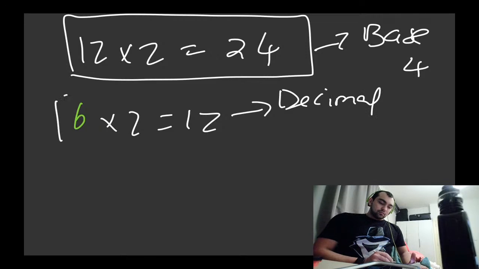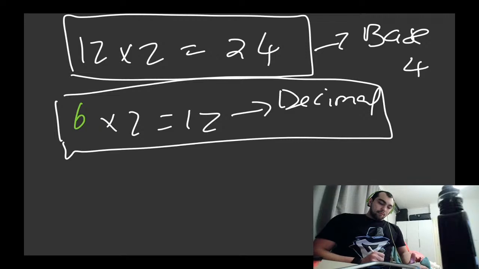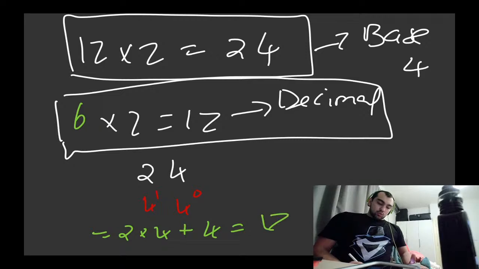Right? Now, if you do the same thing with 24, where you figure out what this is in decimal, you have your 4 to the 0, your 4 to the 1, and 4 to the 1 is 4, so 2 times 4 plus 4 times 1, so that's 4, which is 12.